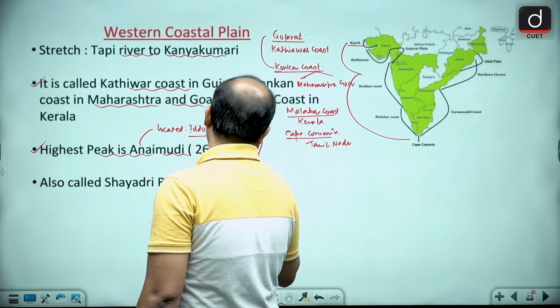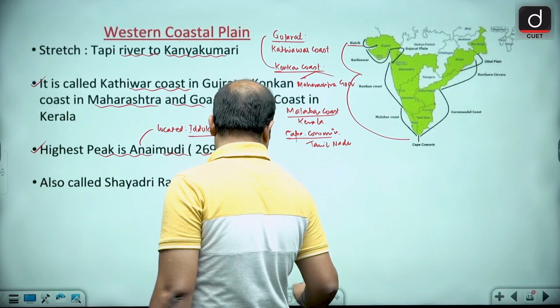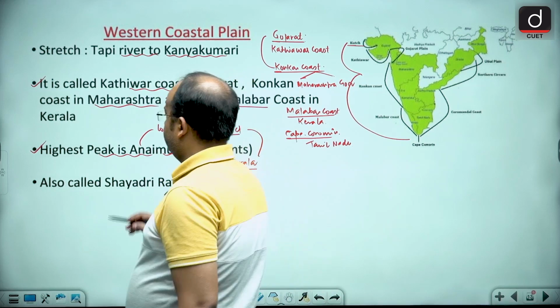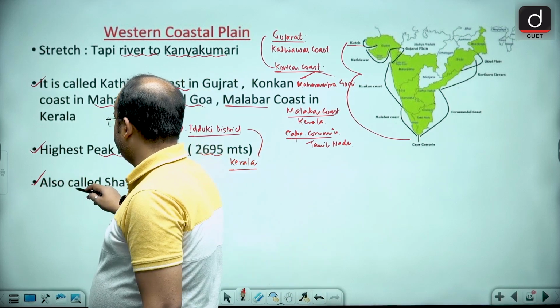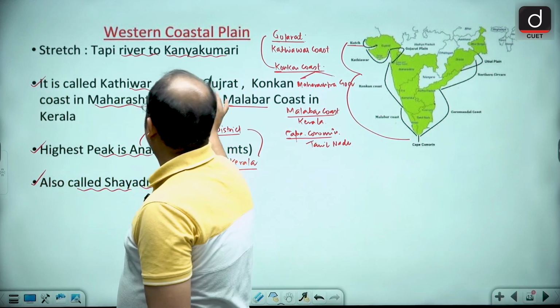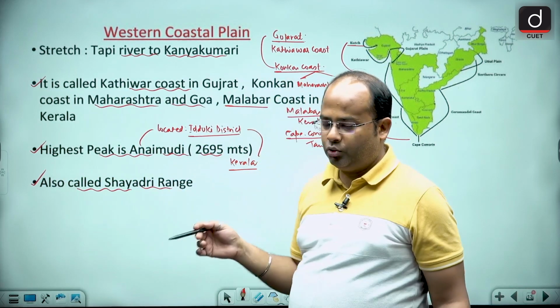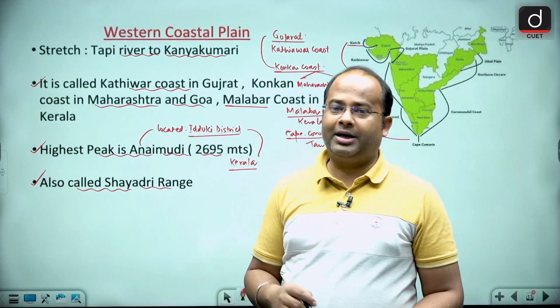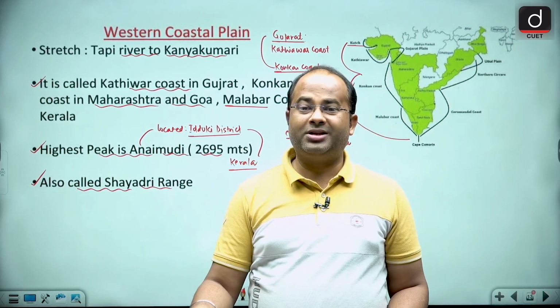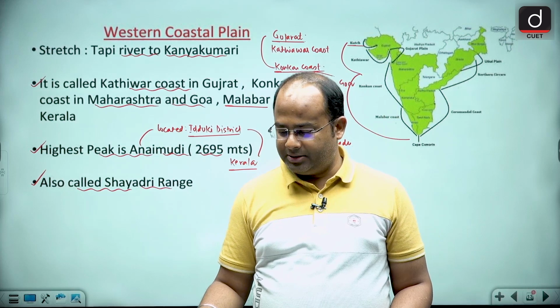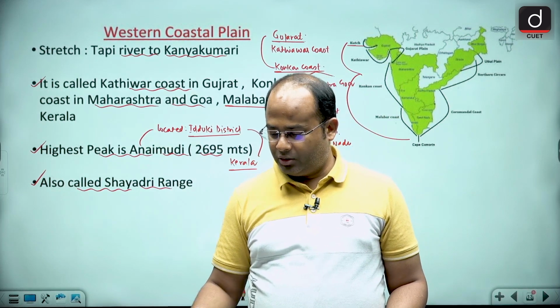This range is also known as the Sahyadri range, from the Tapi river to Cape Comorin. Is that clear, guys? The range is called the Sahyadri range.